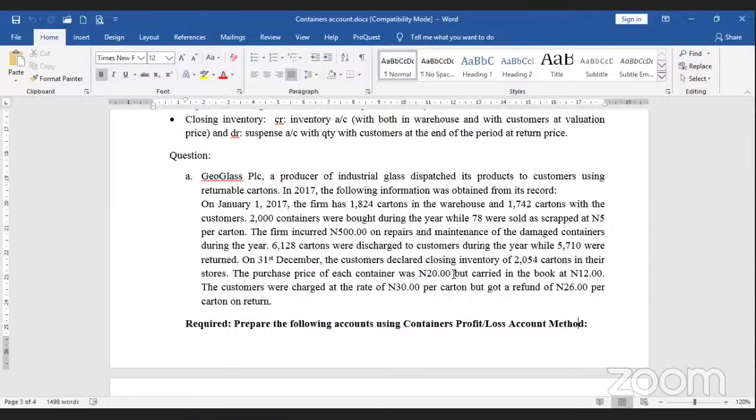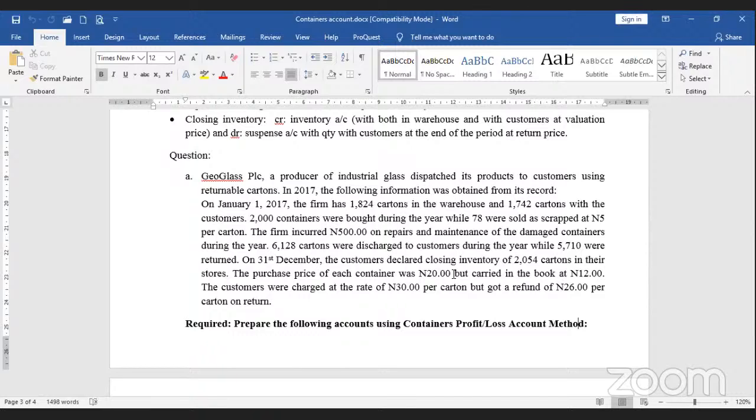You will first be told the information at the beginning of the year, what was bought, what was the amount that was incurred maybe for repairs and damages. Then you are now being told how many of the containers have been discharged to customers. Then you are told how many was returned. All those following information, you just don't get worried at all.